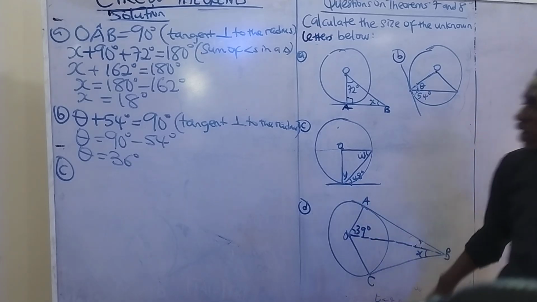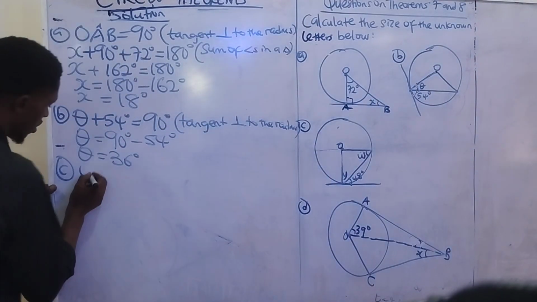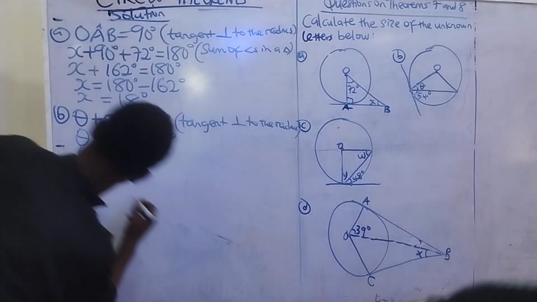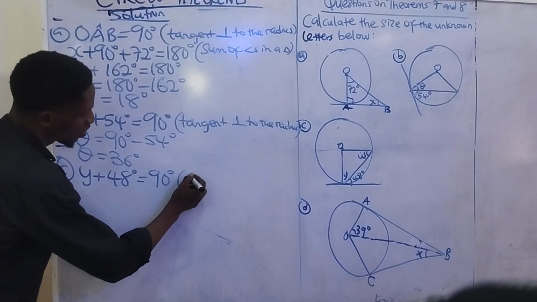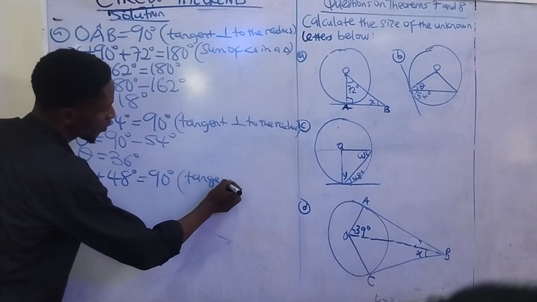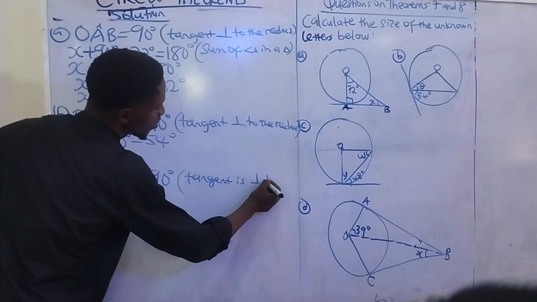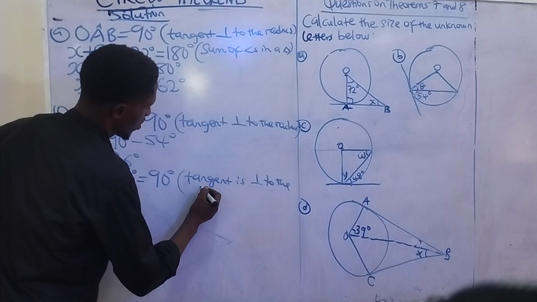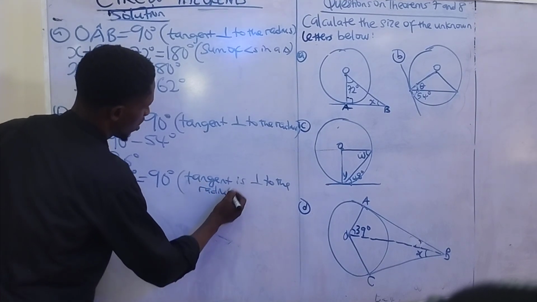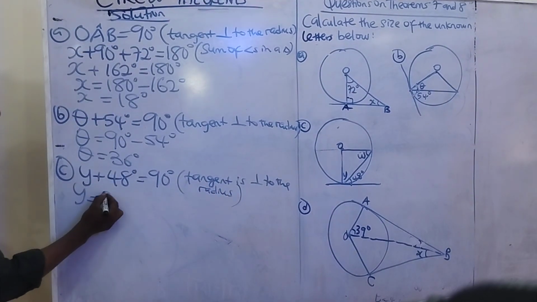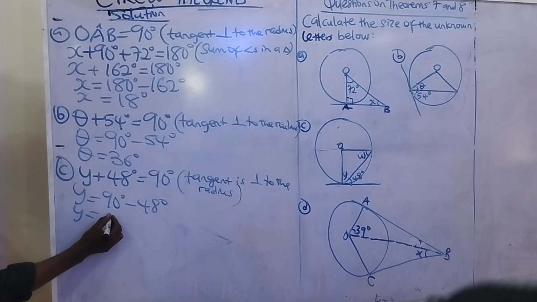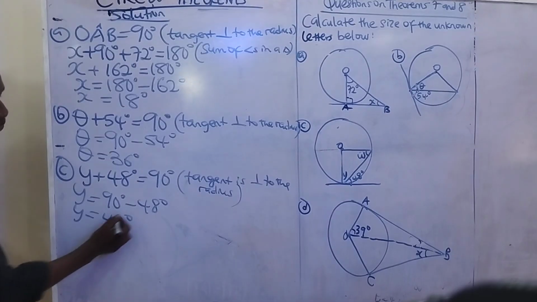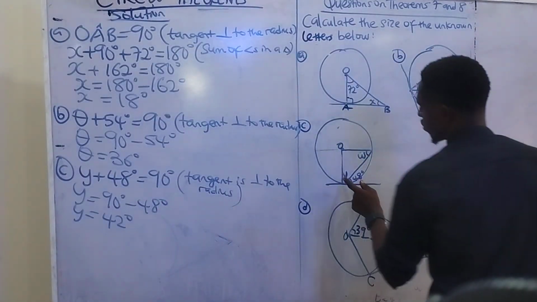So for us to get y, we have y plus 48 degrees is equal to 90 degrees. So the tangent is perpendicular to the radius. So we have y is equal to 90 degrees minus 48, which should give us 42 degrees. So we have gotten y as 42.